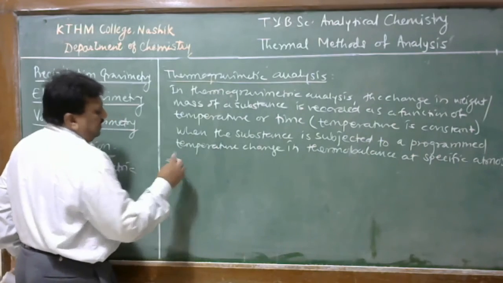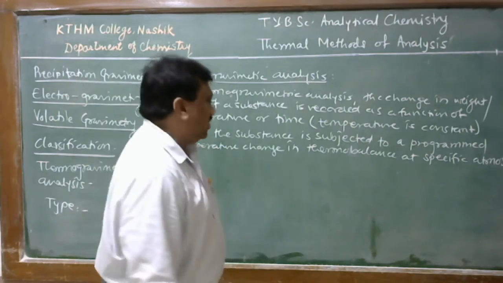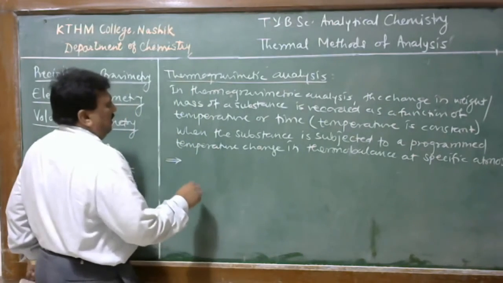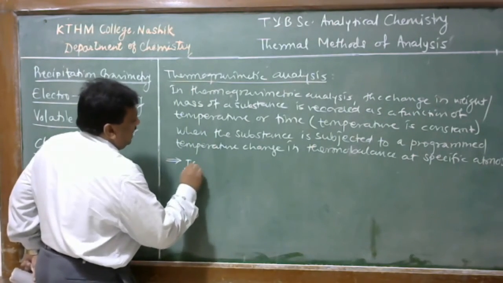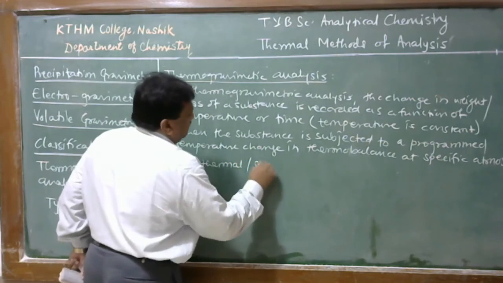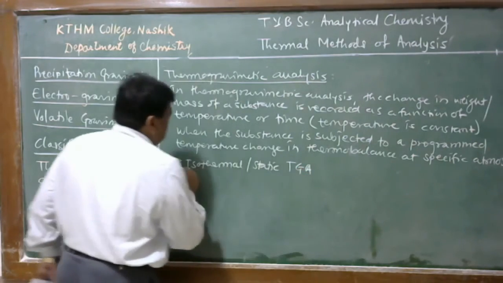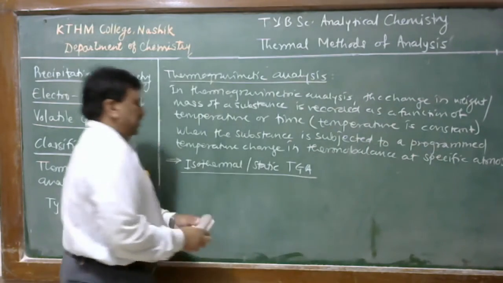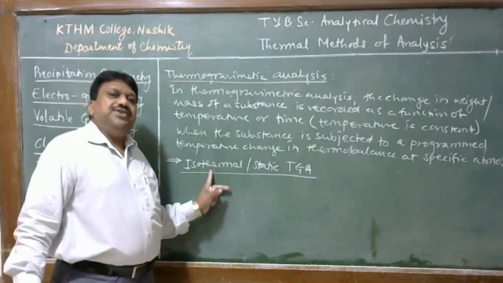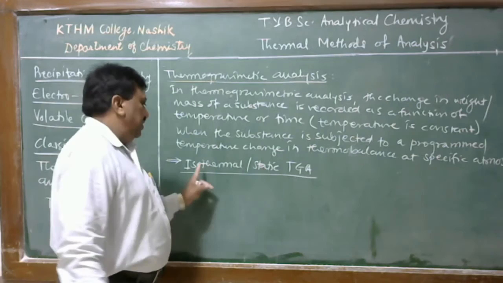On the basis of temperature programming, these thermogravimetric methods are classified into three main types. Number one is called isothermal or static thermogravimetric analysis. As the name suggests, isothermal means temperature is constant, and static means temperature is constant.